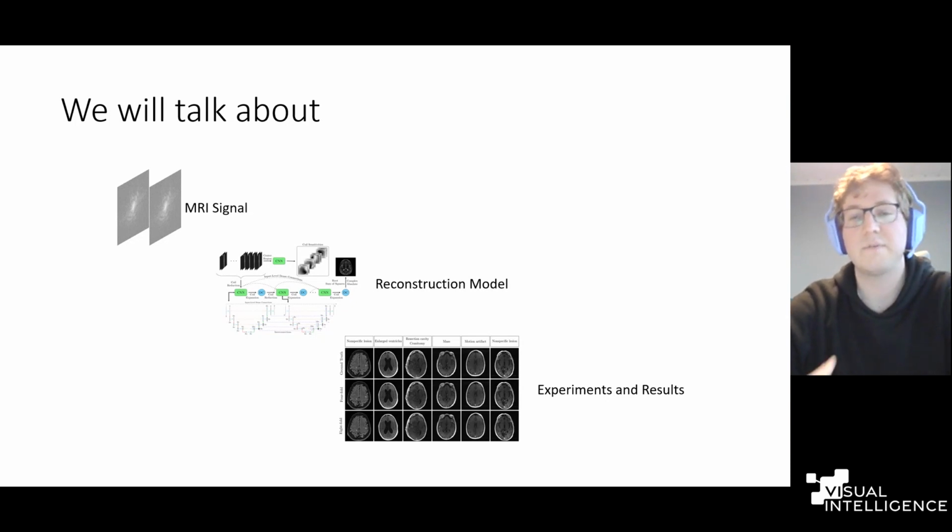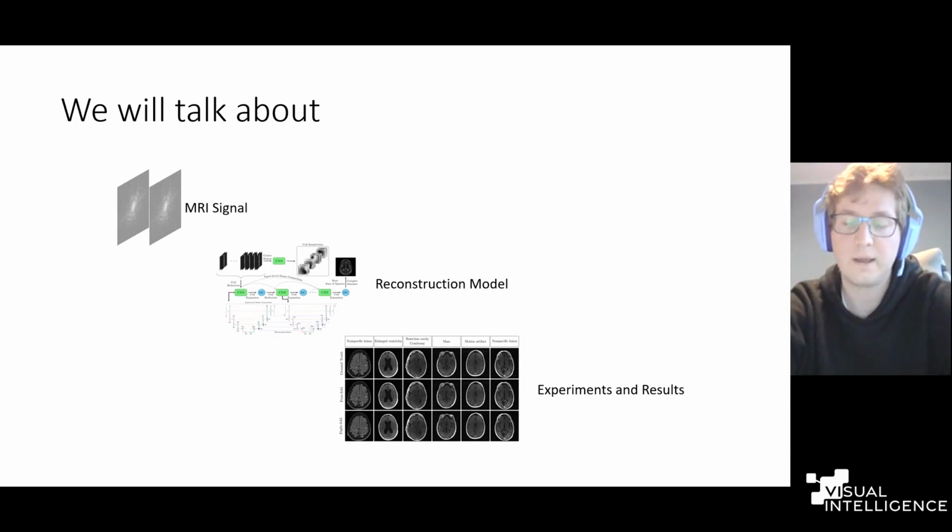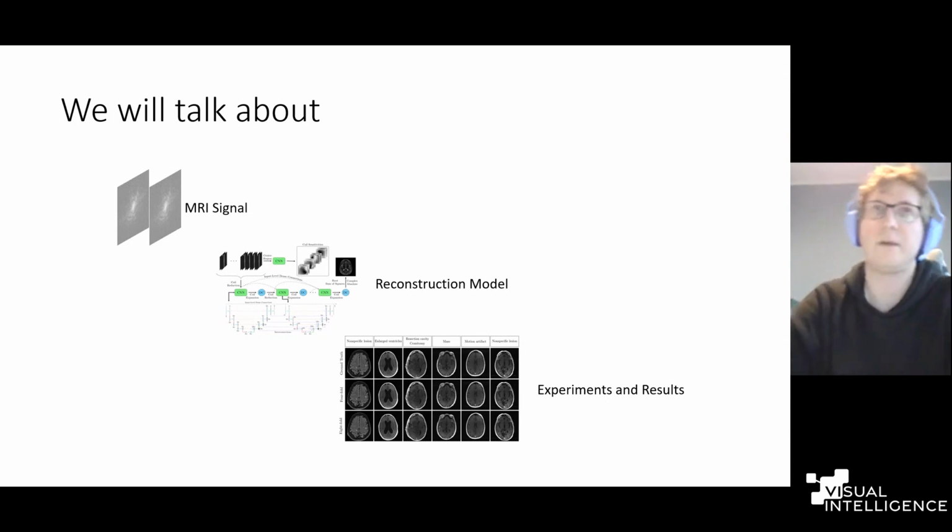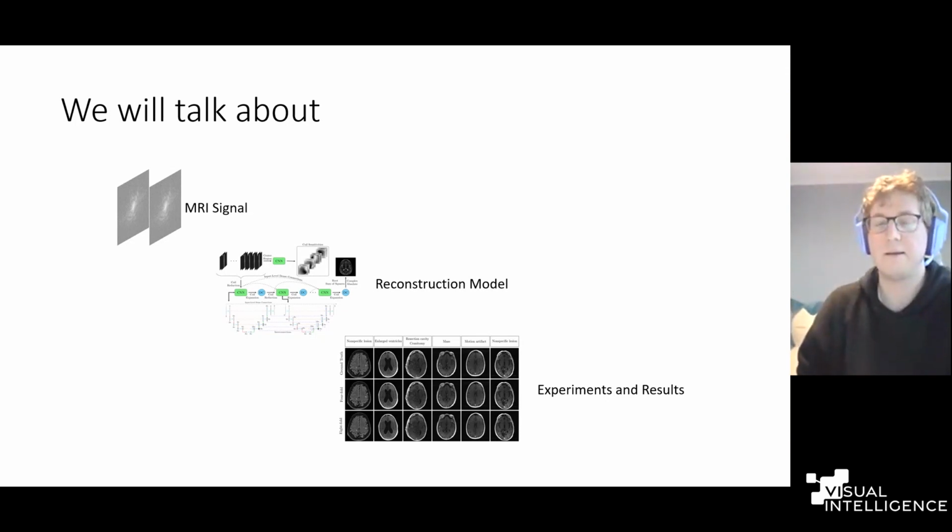Then we will go over to the reconstruction model, how we actually want to reconstruct the data, how we can go from a downsampled scan, and how we can use deep learning to accelerate the MRI. And finally, we'll talk about some experiments that I've done and the results. How do the reconstructed images look?